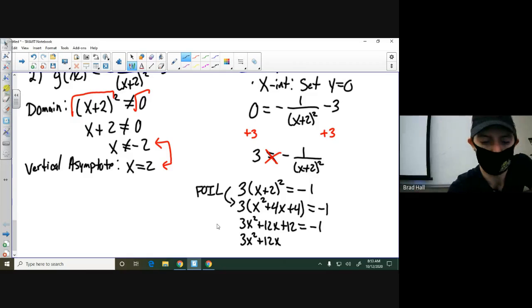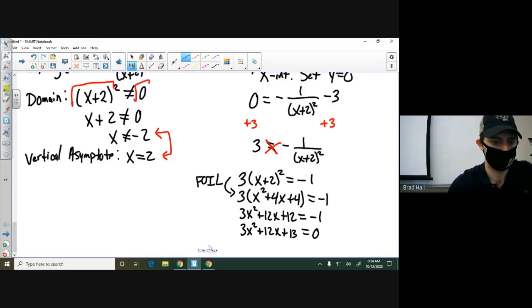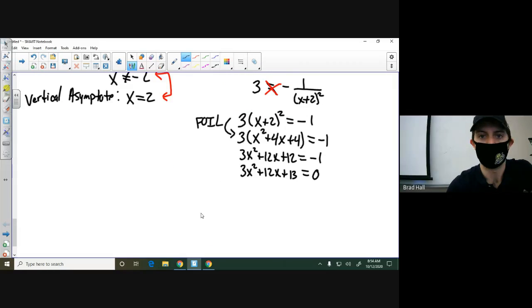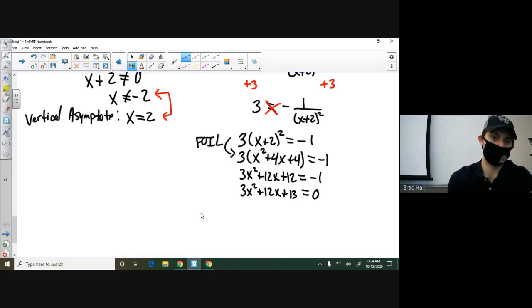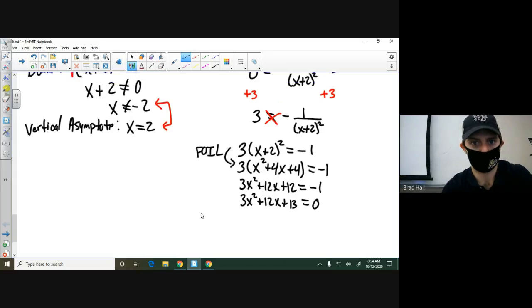And we can add 1 on both sides to get plus 13, which gives us a quadratic. So this one's not a very fun one to find.